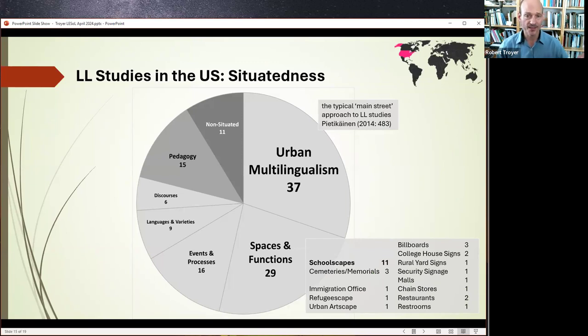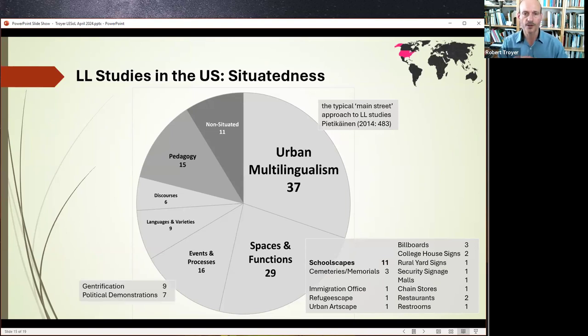And that study is almost all focused on English. It's not really multilingual, but it's looking at gendered discourse in gendered restrooms in universities and the kind of messages that are posted in that specific space and function.